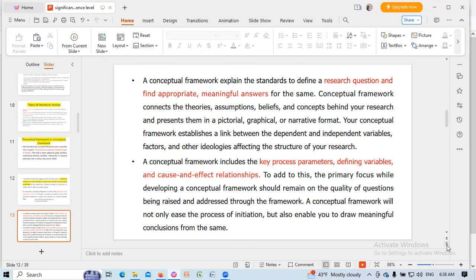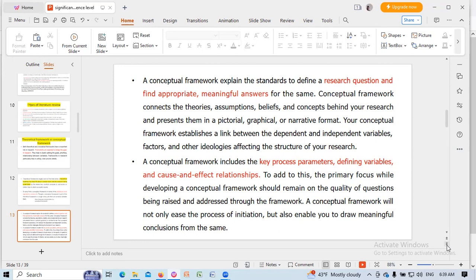Different definitions of conceptual framework and theoretical framework. A conceptual framework explains the standard to define the research question and find appropriate meaningful answers for the same.